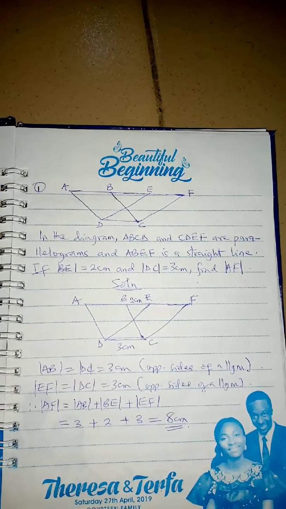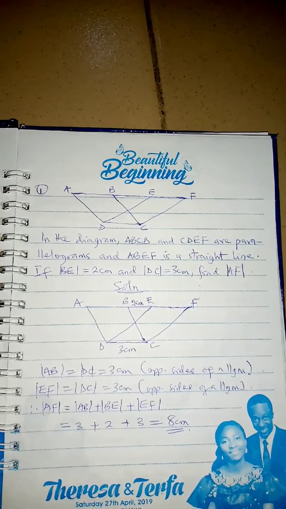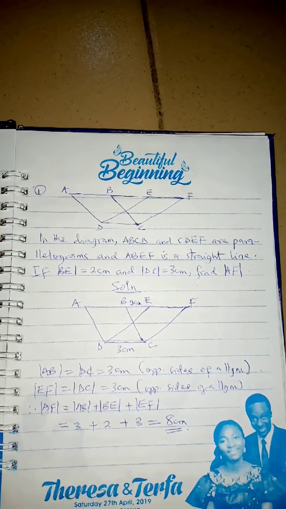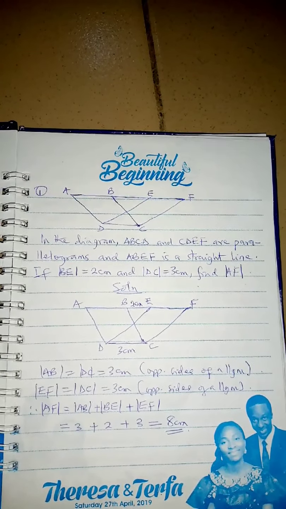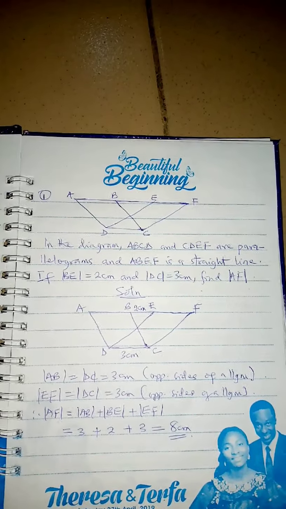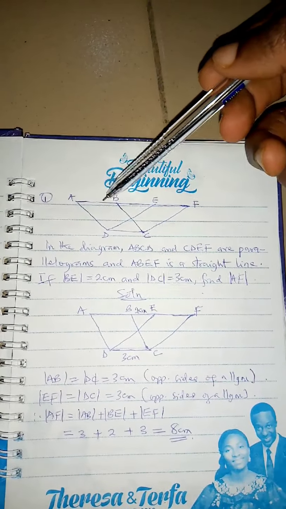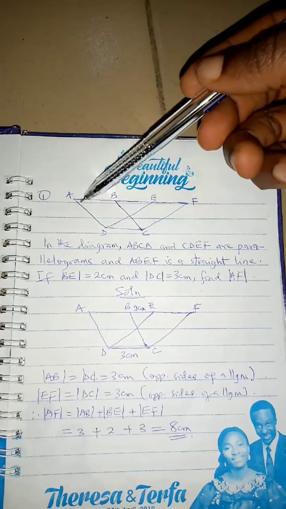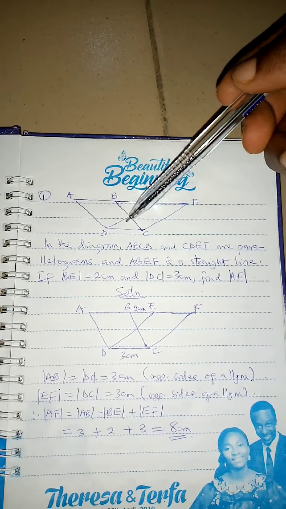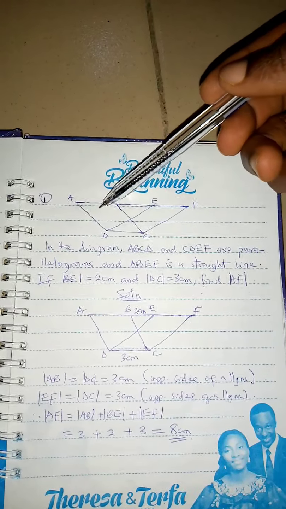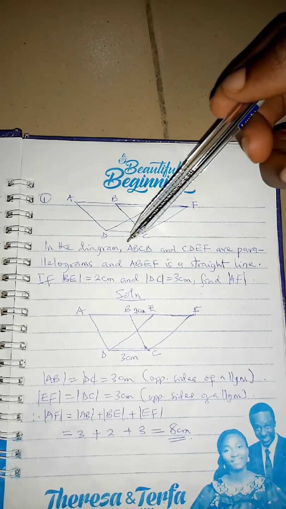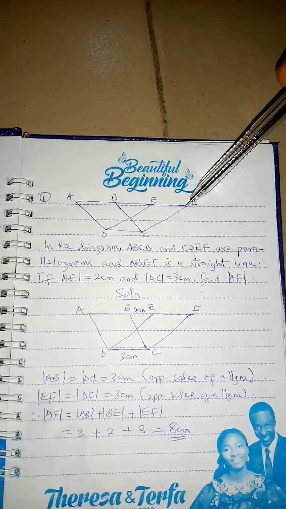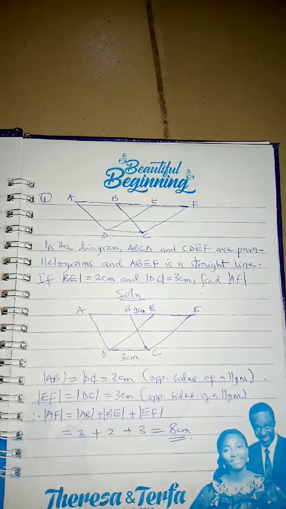Example 1. Look at the diagram. In the diagram, ABCD and CDEF are parallelograms. This shape ABCD that I'm tracing is a parallelogram. Also, CDEF is also a parallelogram.